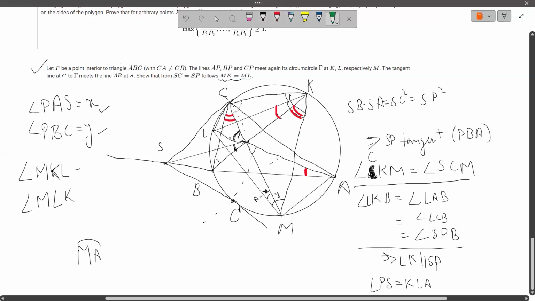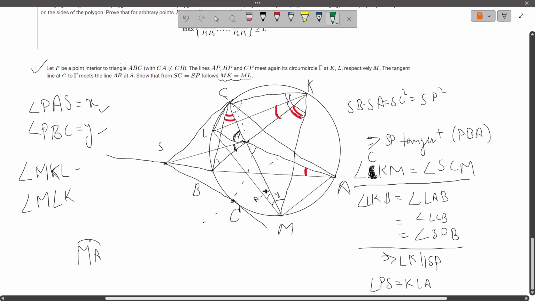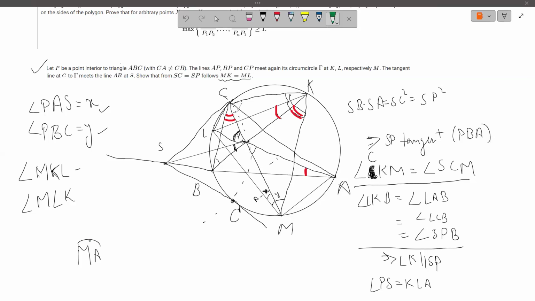The double line angle, angle BKM in your diagram, is equal to angle BAM. True. So angle LAM is equal to angle LAB plus angle BAM, which is equal to angle LAB plus angle BKM.